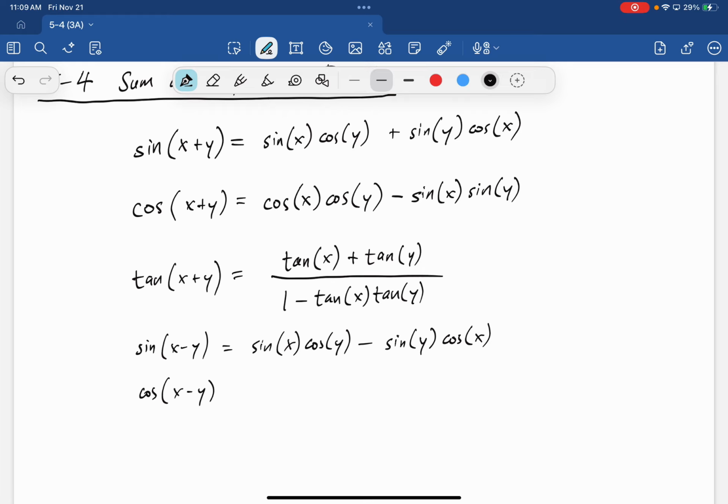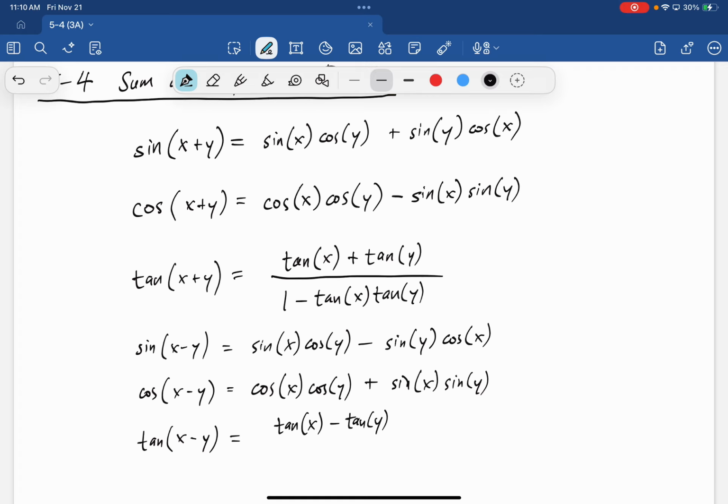Cosine of x minus y is cosine x cosine y plus sine x sine y. And then tangent x minus y is tangent x minus tangent y over 1 plus tangent x tangent y.